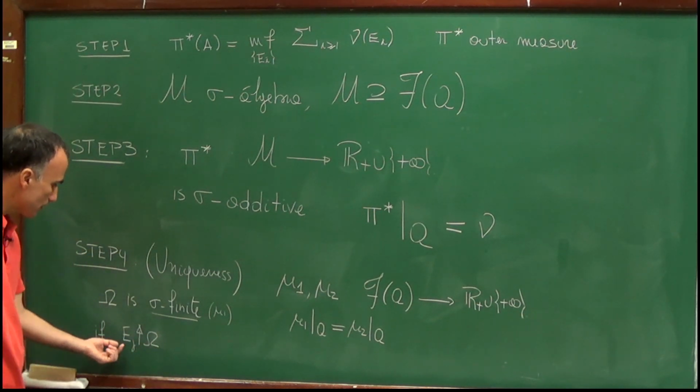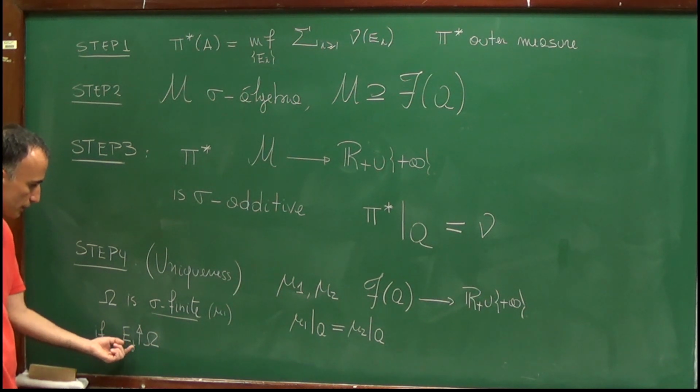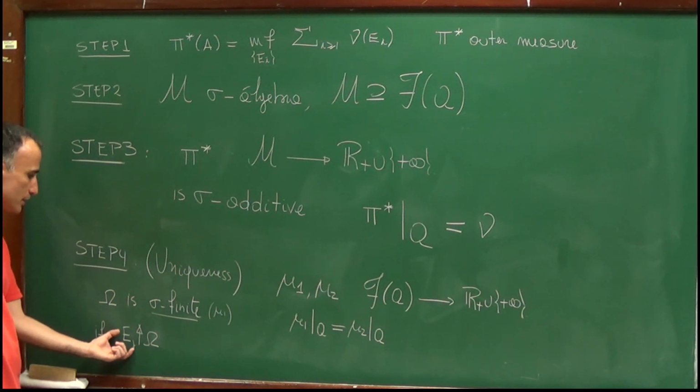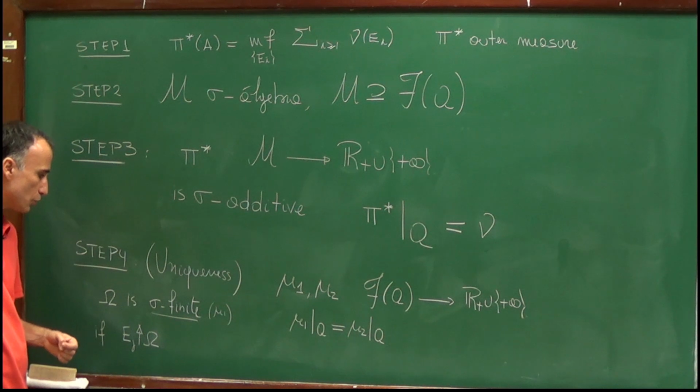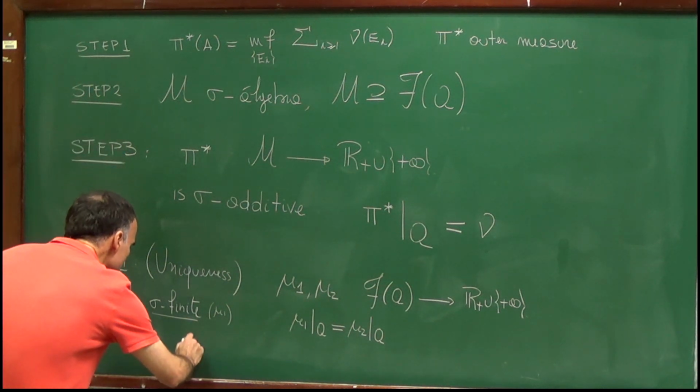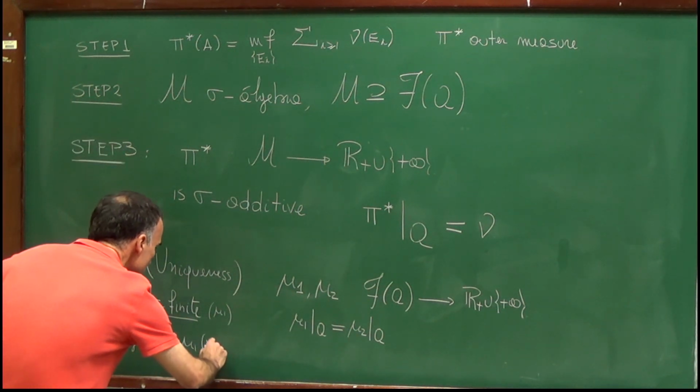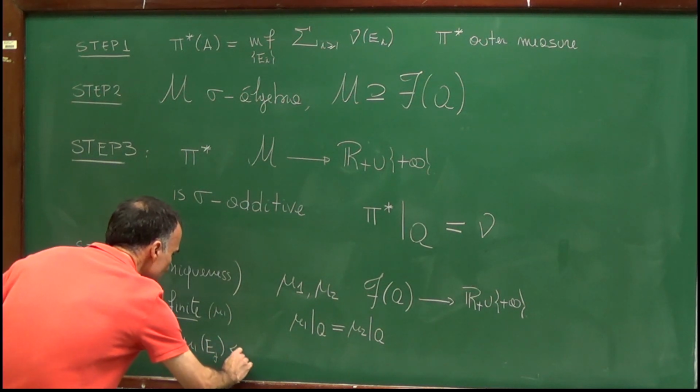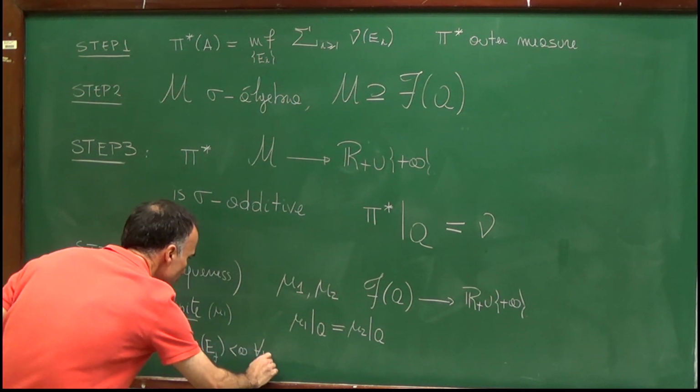This means that ej is contained in ej plus 1, and the union of ej is equal to omega, and such that mu1 of ej is finite for all j.